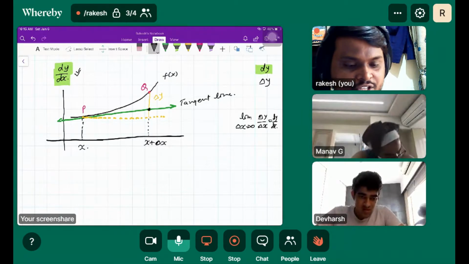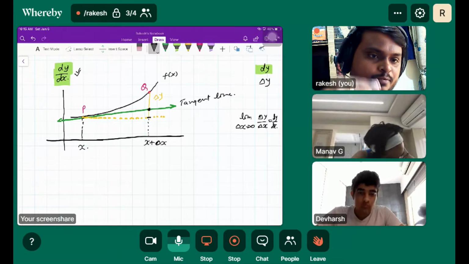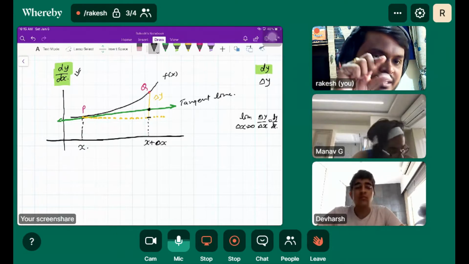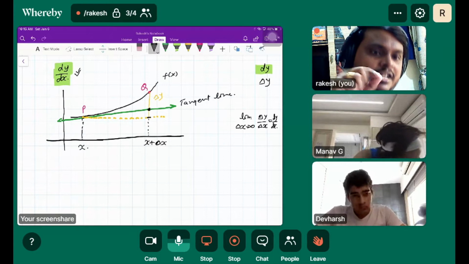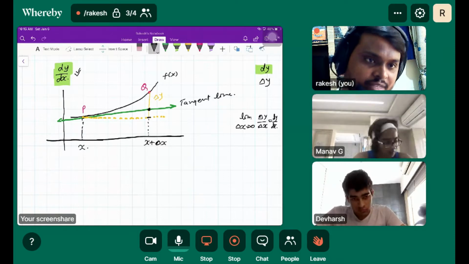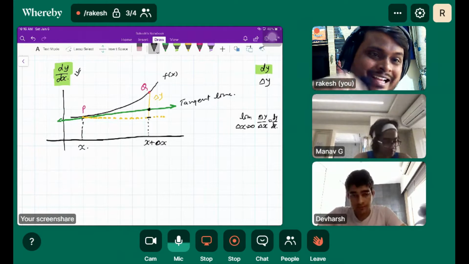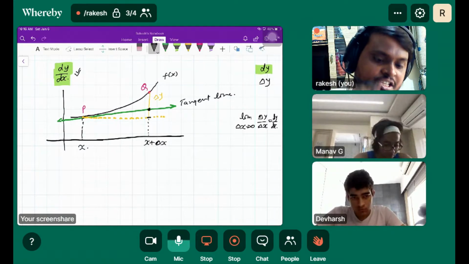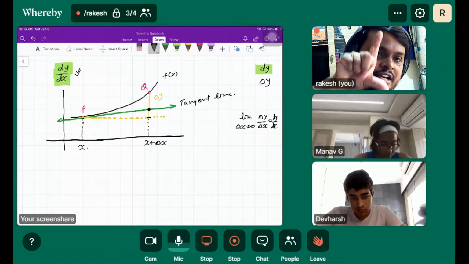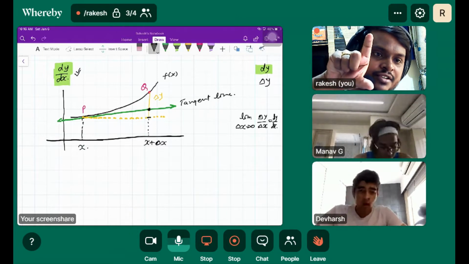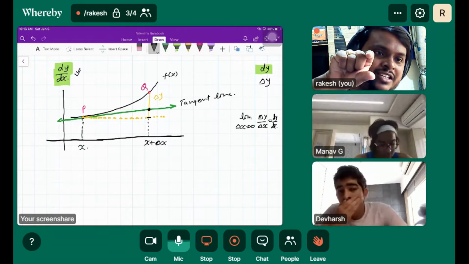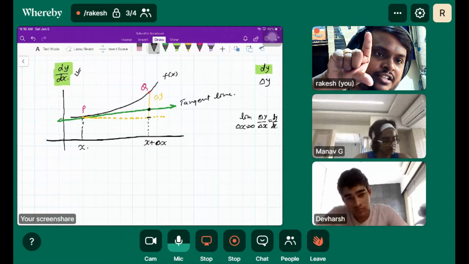So this much is the height from the initial point, from P to the tangent line. That much change is provided by the derivative. But actually, what is the change? The change is delta y. This much is the actual change, but the derivative function is giving you this much only.